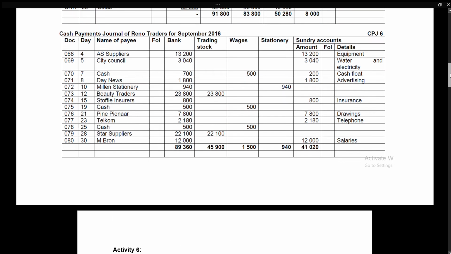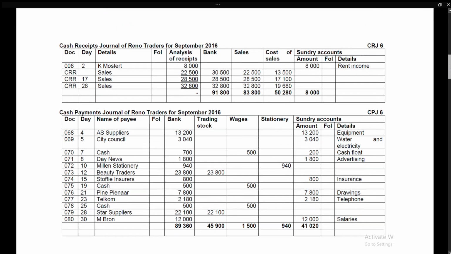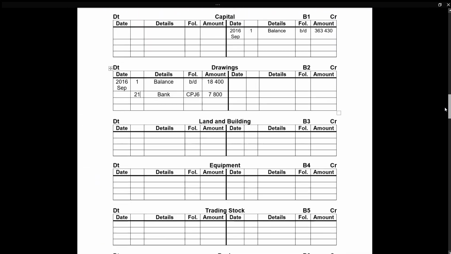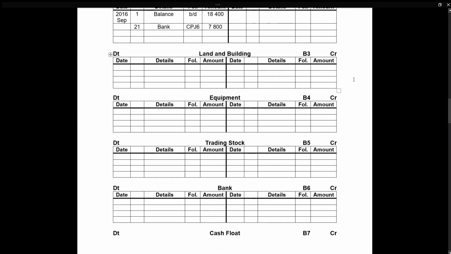Next one, land and buildings. Land and buildings had an opening balance of 204,000 Rand. It's an opening balance, therefore the folio will be brought down. My details will be balance.